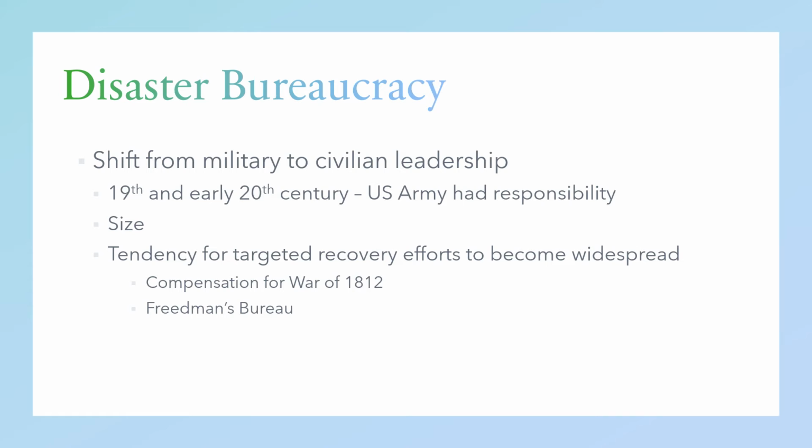So the War of 1812 and compensation for that war was originally intended to compensate people who suffered losses in the War of 1812. And then by the time it was done, anybody who had anything that happened during that time frame was eligible for it, rather than those simply affected. The Freedmen's Bureau was the same way. It was supposed to compensate slaves and whatnot coming out to help them get established. And then it got expanded.